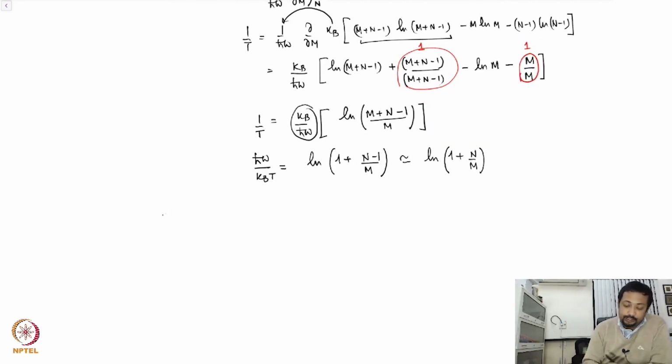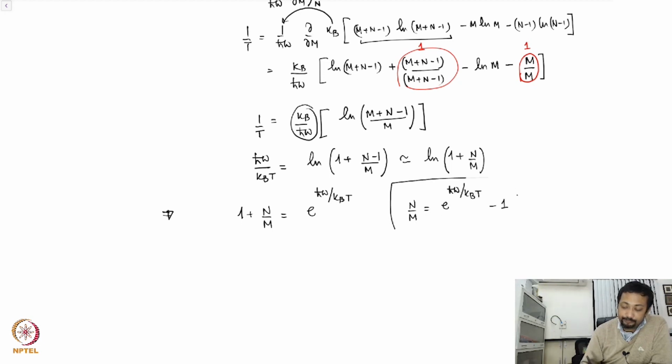And this implies that ln 1 plus n over m is going to be e to the power h bar omega over kBT. So that n over m is going to be e to the power h bar omega over kBT minus 1.